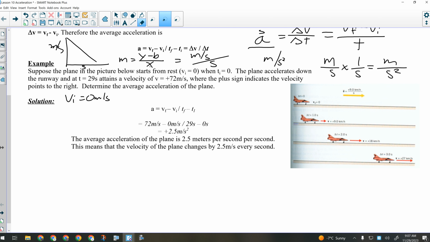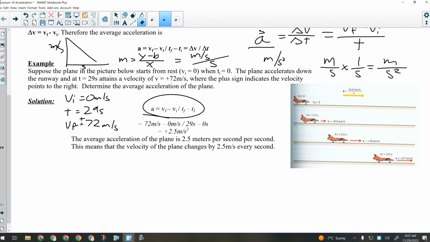The plane accelerates down the runway, and at time 29 seconds, is moving at 72 meters per second, where the plus sign indicates to the right. Calculate the acceleration of the plane. Do I have everything I need to use this formula? I do.